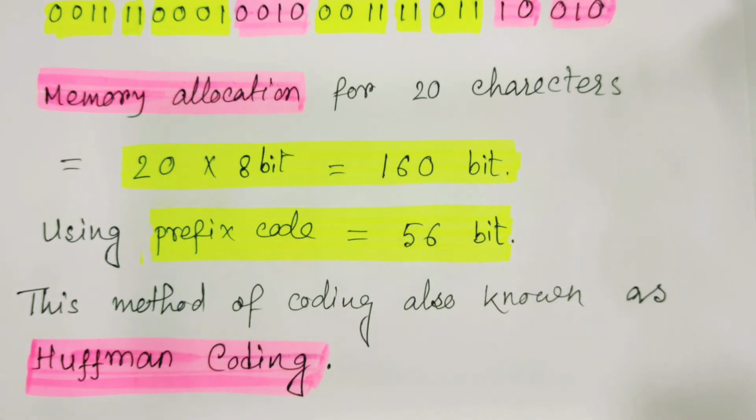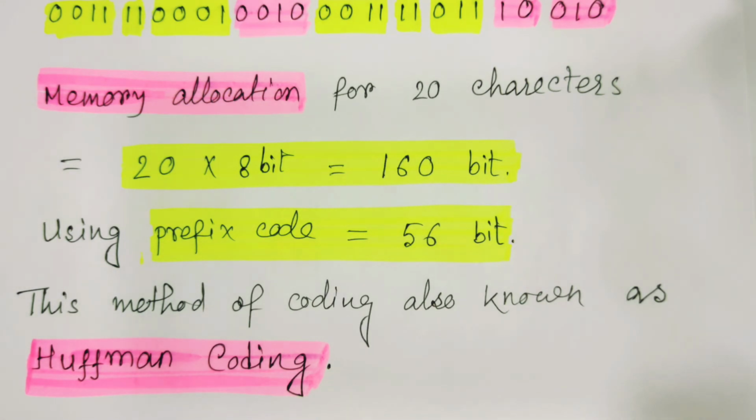the Huffman coding. So this one is for the binary tree, but it is not always necessary that we get the prefix code only using a binary tree. If there is an n-ary tree, then also we can apply the prefix code.